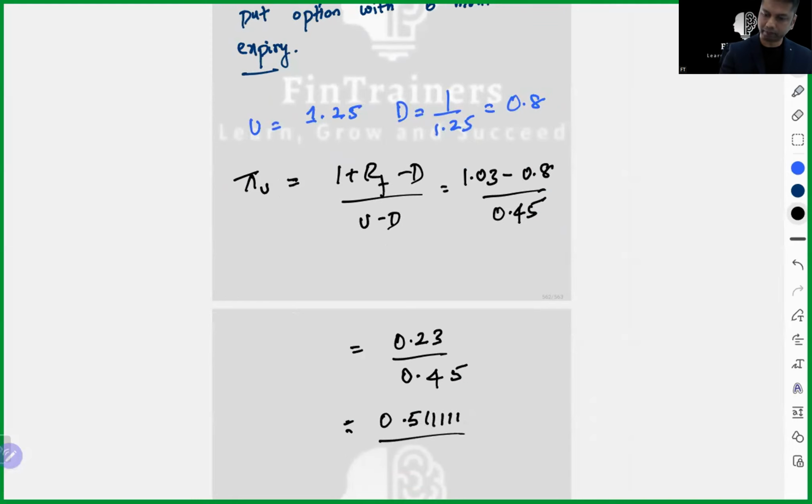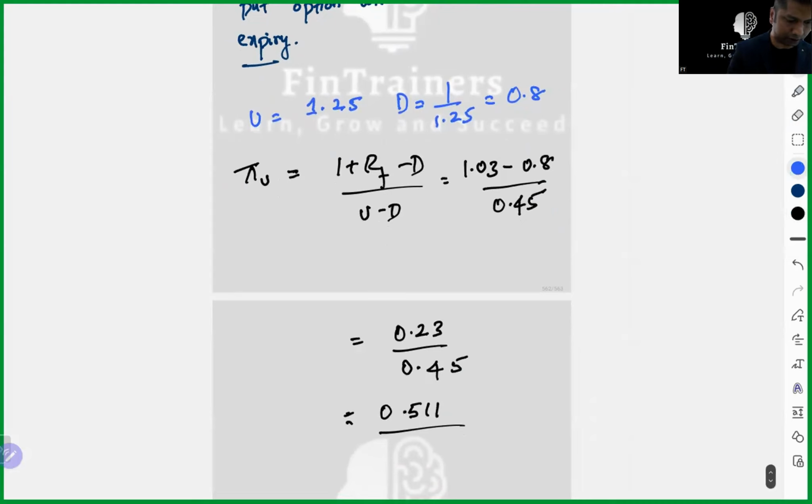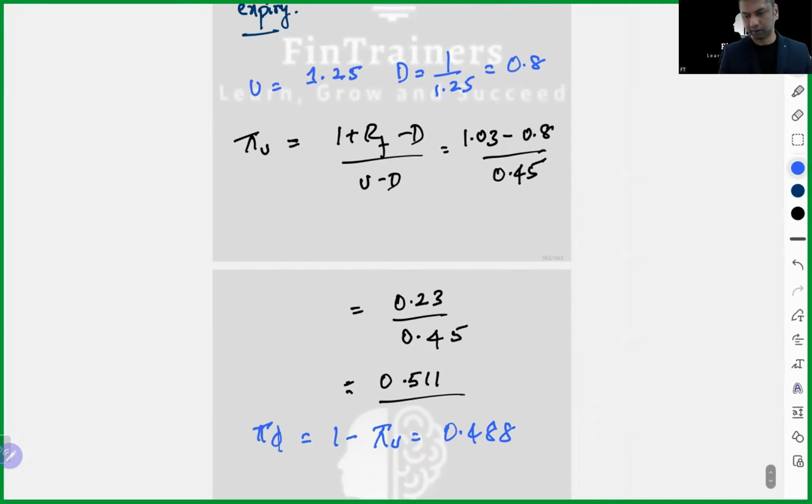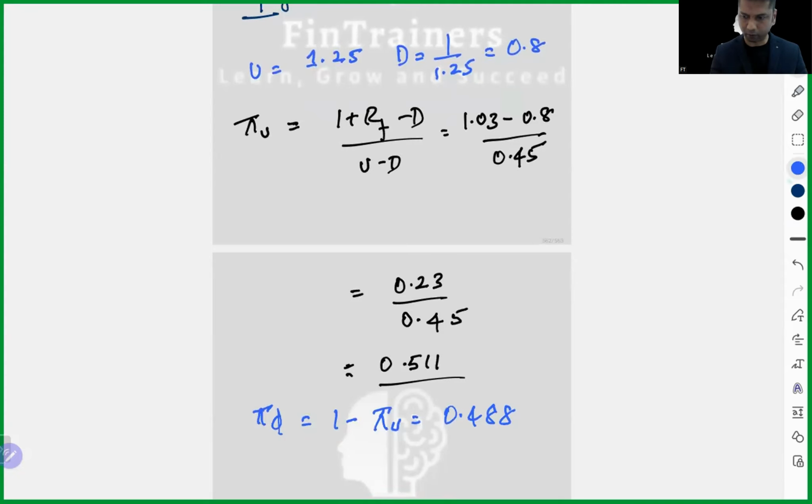I'm going to round it just for ease of writing, you don't round it. You should store it in your calculator. And pi d is going to be 1 minus pi u, which is 0.488. That is our step 1.